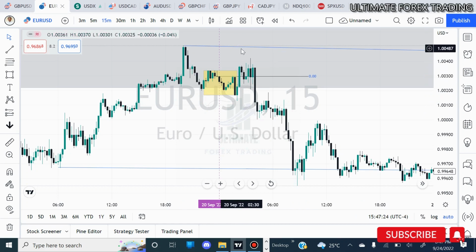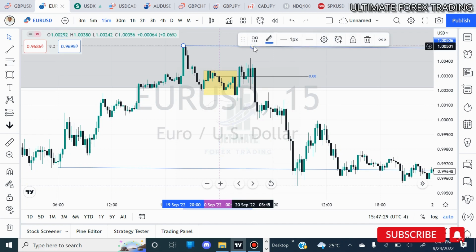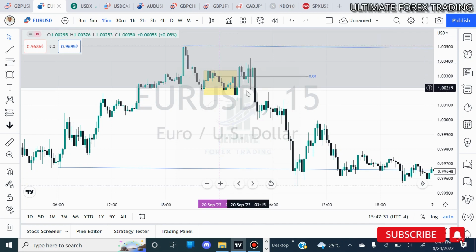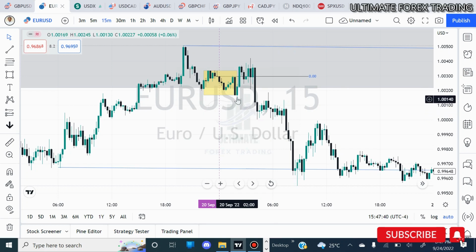So at this point I was fair enough, and I thought price will break the market structure and continue bearish, but and also a very nice displacement here up again. I said, wow. So this is basically the manipulation stage of price.